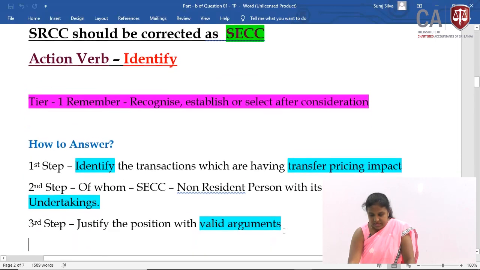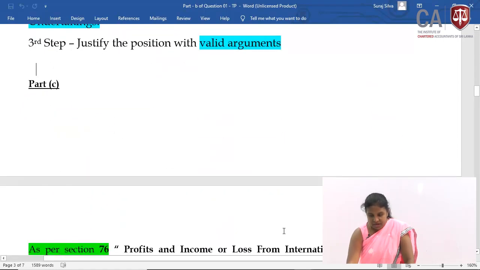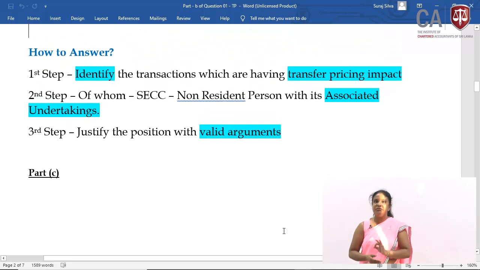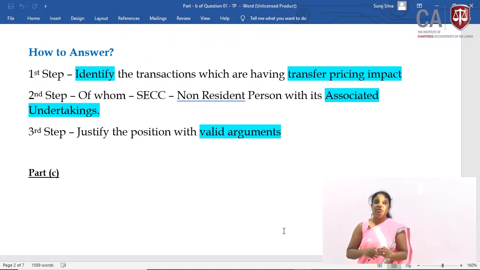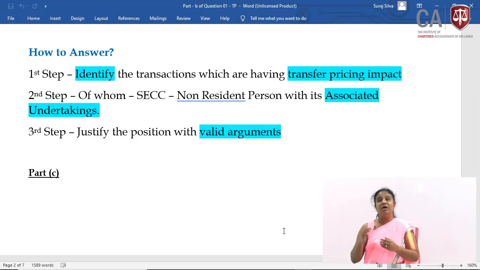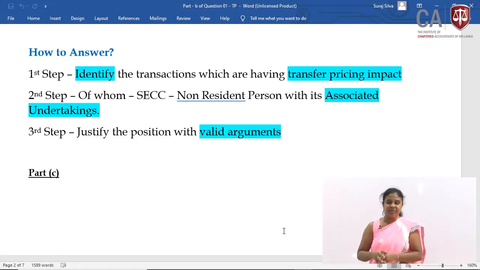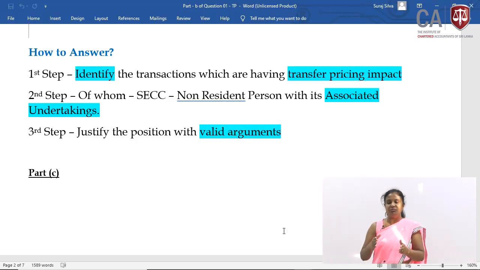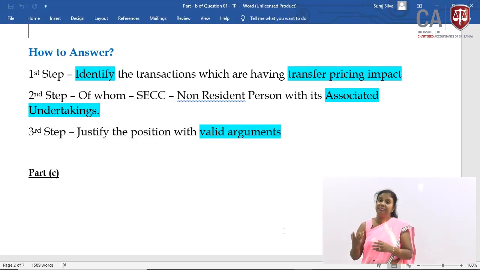This is the way of answer. First step, identify the transaction. Without identifying the transaction which has transfer pricing risk, you cannot answer. Therefore, first step, identify the transactions which have transfer pricing impact.